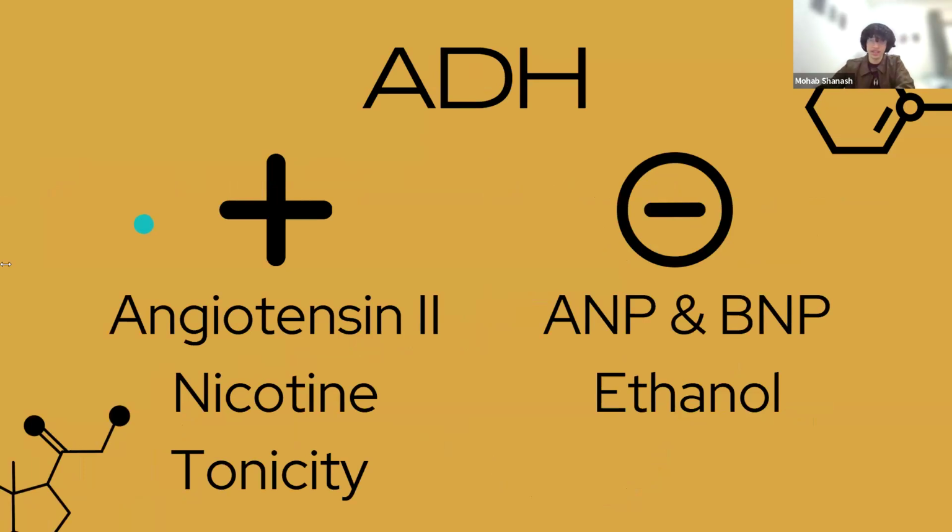Now, here are things that can increase or decrease your secretion of ADH. Angiotensin 2, nicotine, and tonicity, which I mentioned is how concentrated something is. Angiotensin 2 and nicotine increase ADH. ANP and BNP are peptides released in cases of hypervolemia.